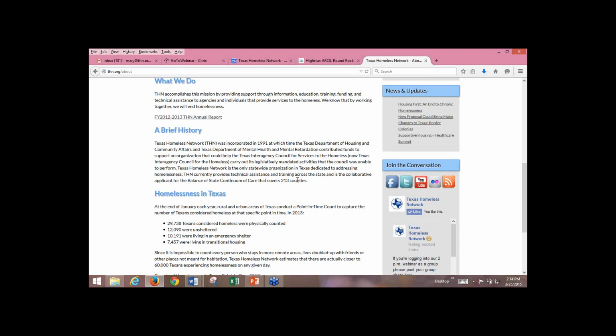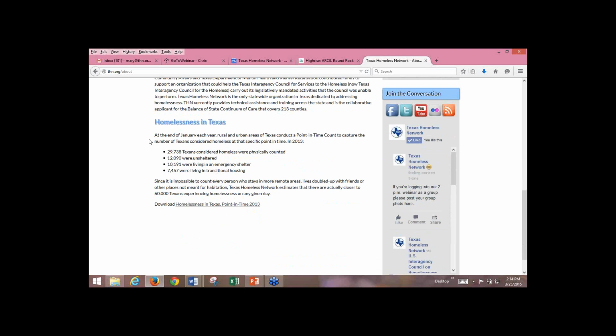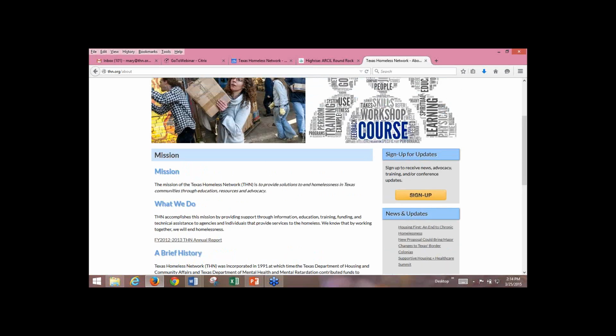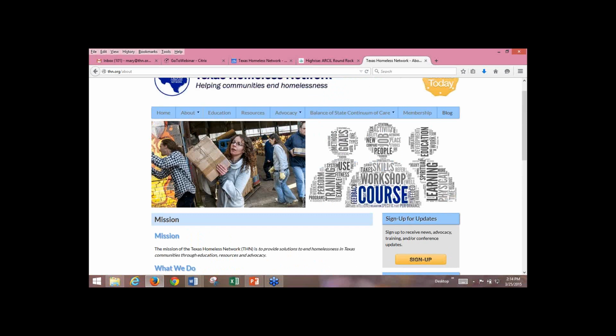And so THN has been an integral part of the TICH since its inception. And then you'll see a little bit down here, this is some of our 2013 point-in-time count data. That's one thing that THN helps all of the communities across the state to provide, a statewide point-in-time count. So we work with the other 11 COCs in the state on that kind of thing.